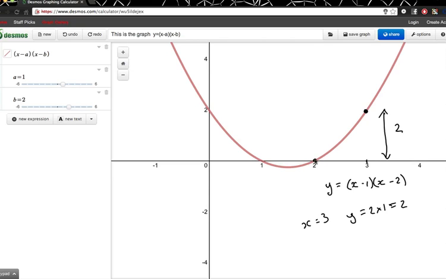Now the significance of these 2 points is that the y value is 0. The height of the graph at these points is 0. So for this value, y equals 0. And for this value, y equals 0.